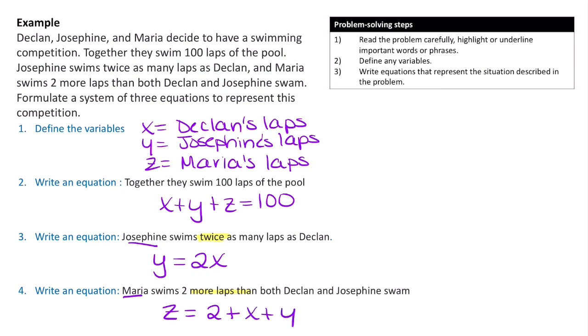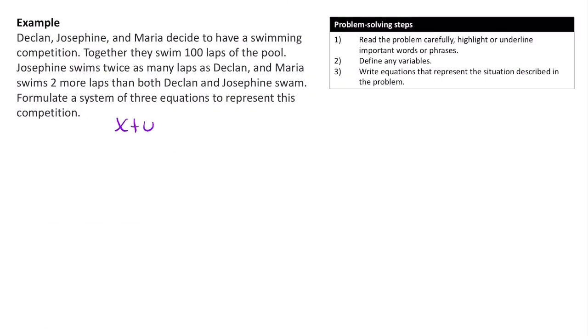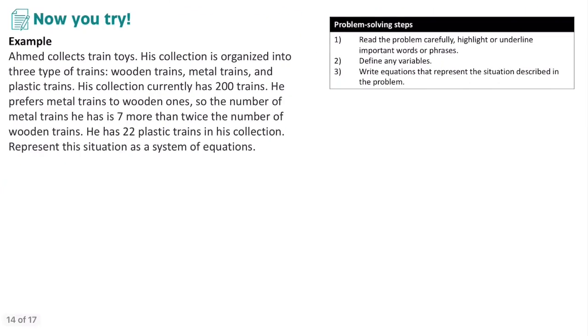Okay, so now we have all 3 of our equations. So we can just write down our system. So x plus y plus z equals 100. And then we have y equals 2x. And we have z equals 2 plus x plus y. So now you can go ahead and pause the video and try doing this example on your own.